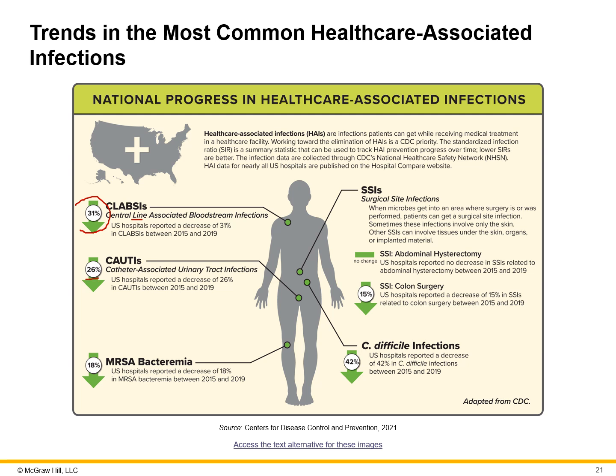A decrease of about 25-26% in catheter associated infections. MRSA bacteremia, which is methicillin-resistant Staph aureus, is down about 18%. Unfortunately, there's no change in surgical site infections. However, during colon surgery, there has been a 15% decrease in those.